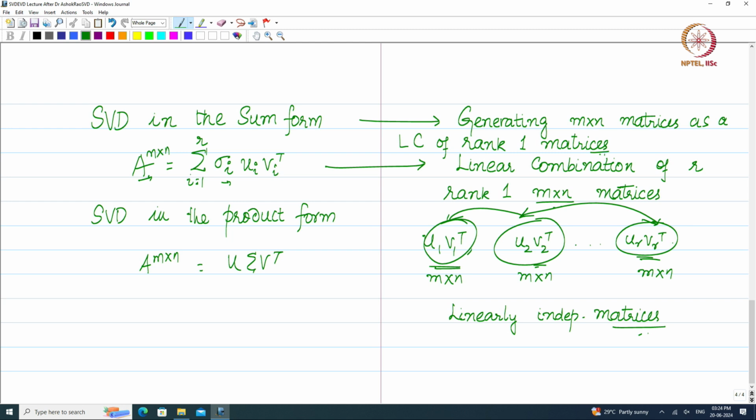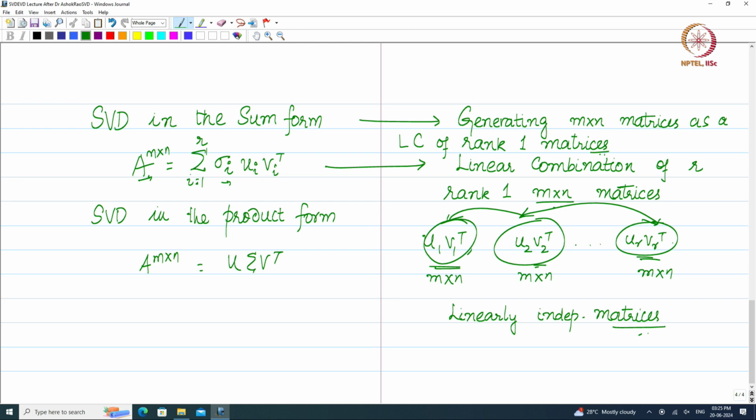What is interesting is that eigendecomposition may or may not exist. Even if you take a square matrix, you may have an insufficient number of eigenvectors, so the eigendecomposition may not exist. But SVD exists for all kinds of matrices. You can look at the singular value decomposition for a single column matrix, a single row matrix, a tall rectangular matrix, a wide rectangular matrix, a square matrix, any non-zero matrix.